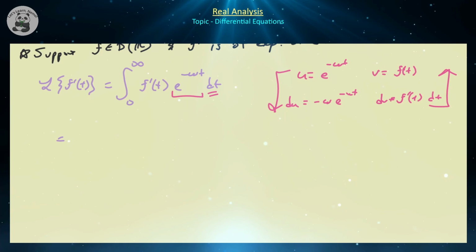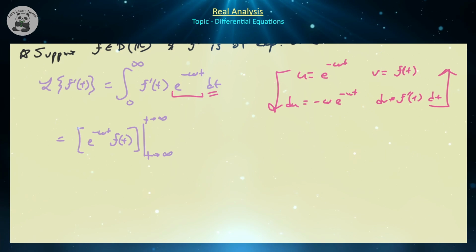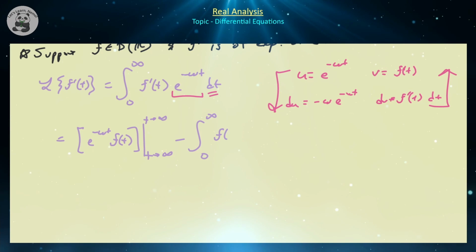So this is going to be equal to uv, so e to the minus omega t times f of t, ranging from infinity to 0, minus the integral from 0 to infinity of v du. So v is going to be equal to f of t, and du is going to be equal to e to the minus omega t dt, with a minus omega in the front.